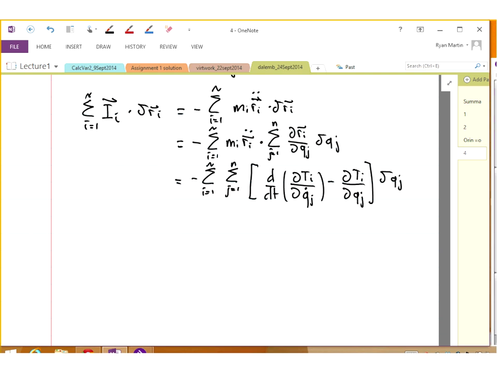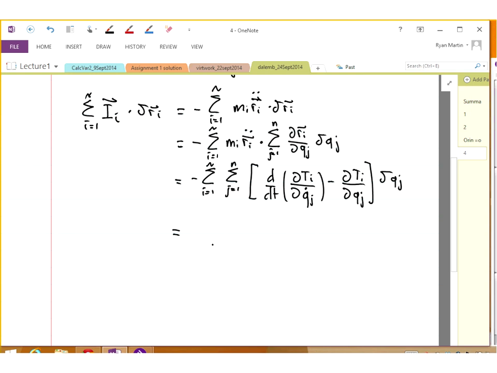Now, there's nothing that prevents me from swapping the order of the sums over i and j and bringing the sum over i inside these terms.